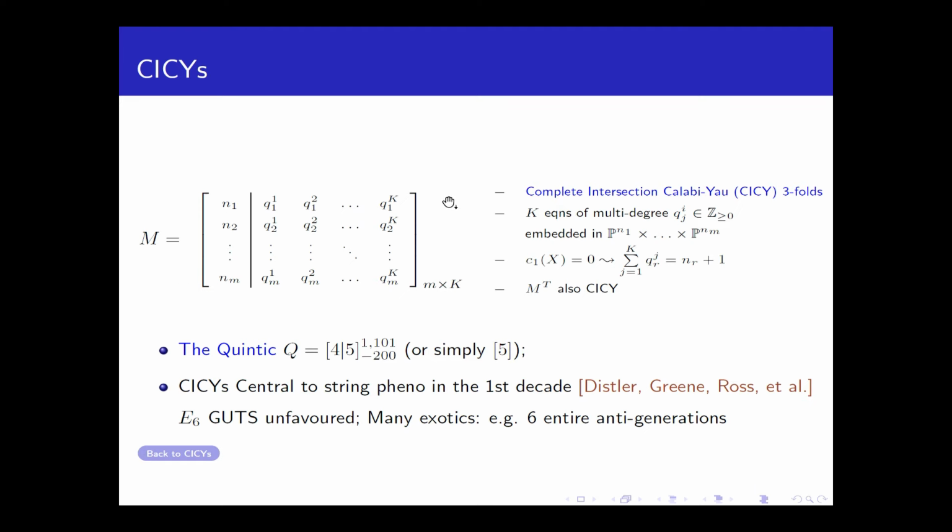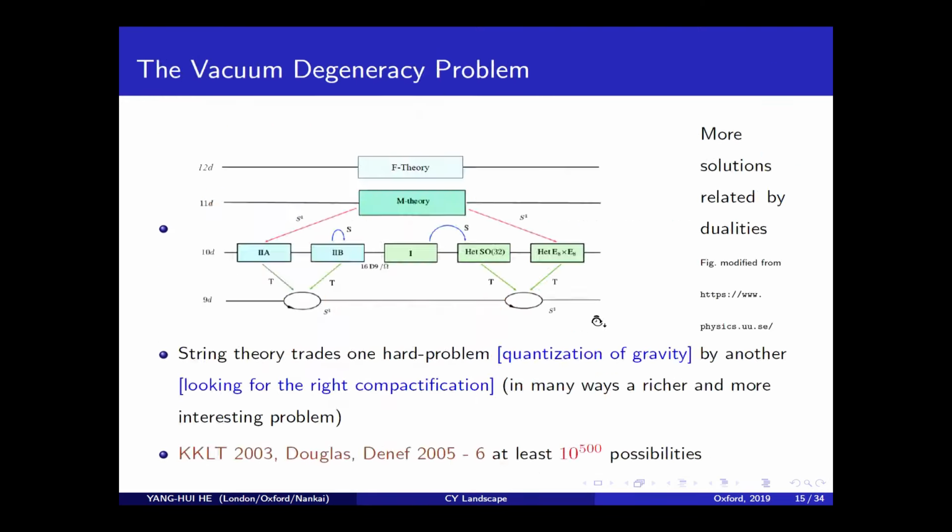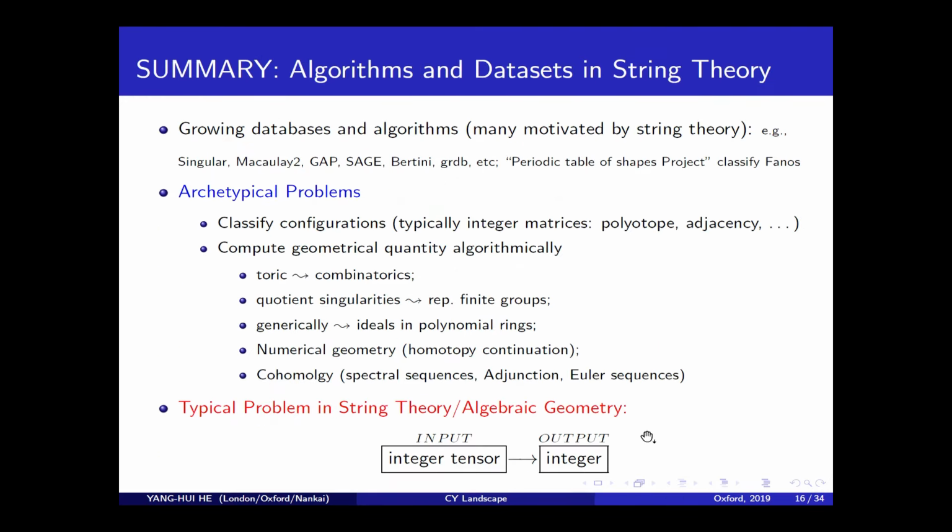You input this, and you want to compute topological invariants. And these topological invariants actually mean something in the physics, for example, the number of generations of particles, right? But as far as the computation is concerned, you take one of these and you output some integer. And this can be helped by any number of these very state-of-the-art computational algebraic geometry programs. So I highly encourage them, and all of them are free. Unlike Mathematica, they're all free.